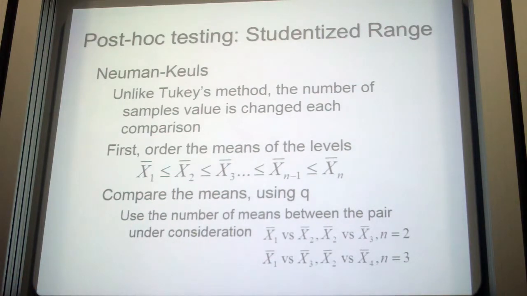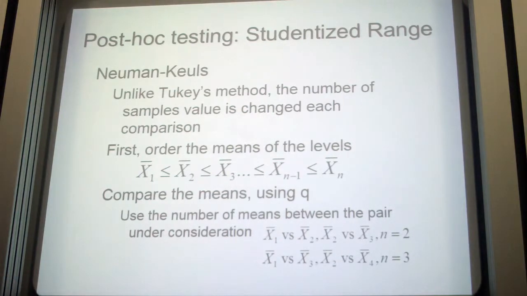So each time you do a comparison, you're looking at the number of means in your distribution. If you compare x1 with xn, you've drawn a sample of n means. If you compare x2 with xn, or x1 with xn minus 1, you have n minus 1 samples that you've taken to look at.